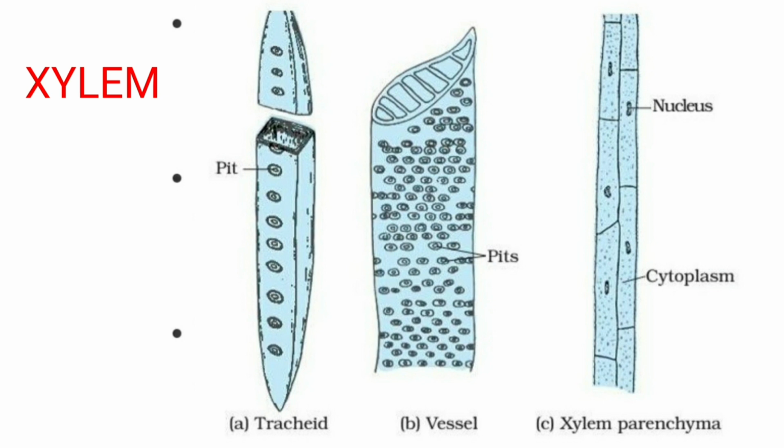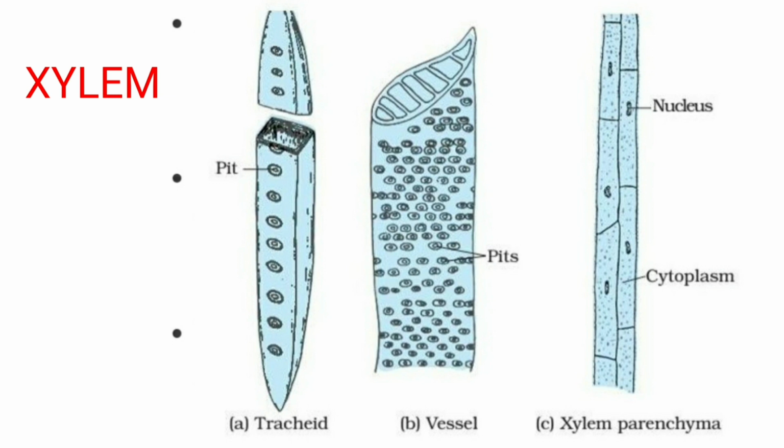Tracheids are dead, long, tubular structures with tapering ends. They transport water and minerals vertically. Vessels are long, tube-like structures formed by a row of cells placed end to end. These are also dead cells with lignified walls.